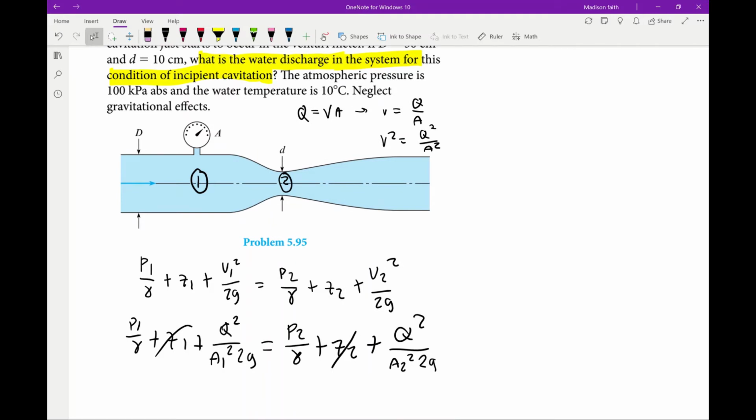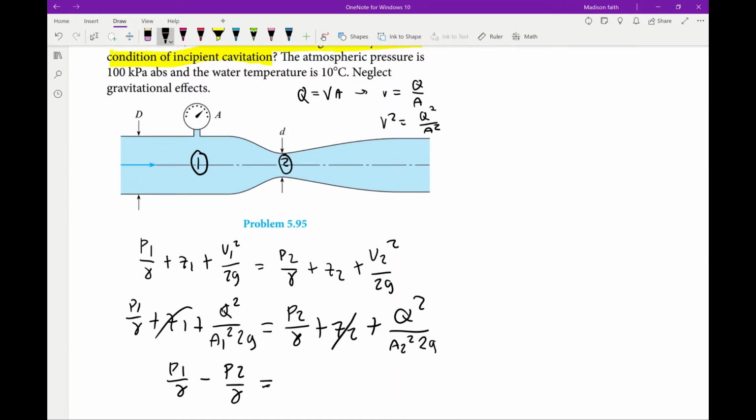Okay, now we want to solve for Q. So let's move all the Q terms to one side. We're going to do P1 over gamma minus P2 over gamma, so they're on the same side, equals Q squared over A2 squared over 2g minus Q squared over A1 squared over 2g.